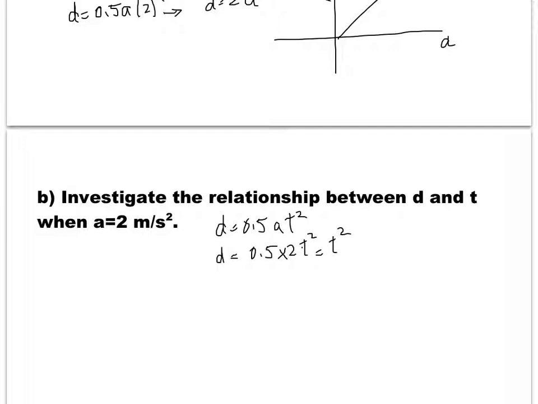Now if you look at this equation in terms of d and t, the exponent of t is 2, the degree of this equation is 2. As we said before, any equation with degree 2 is a quadratic relation, and the graph between d and t is going to be a parabola. Now if I plot this one, I'm going to get something like this curve, which is a parabola.